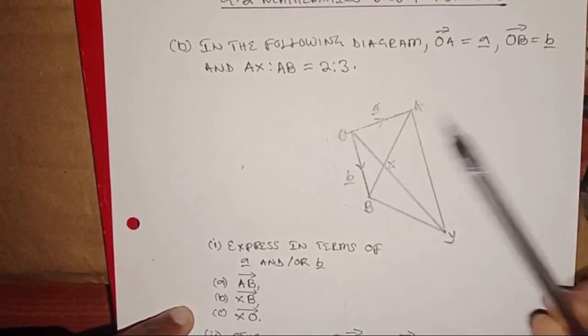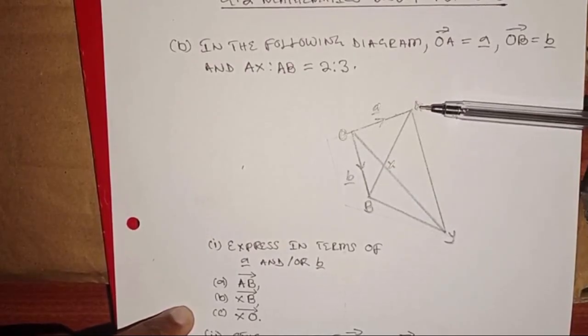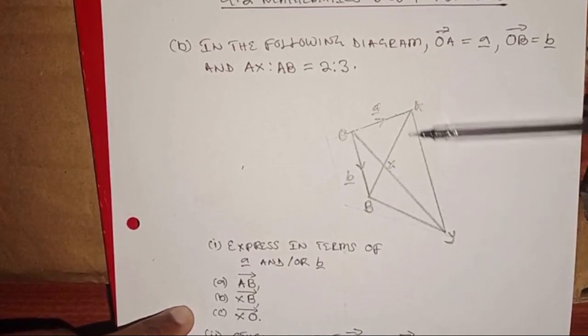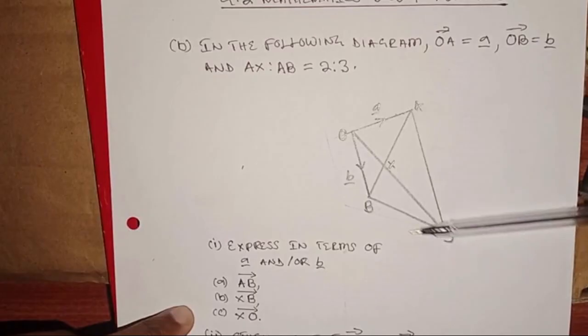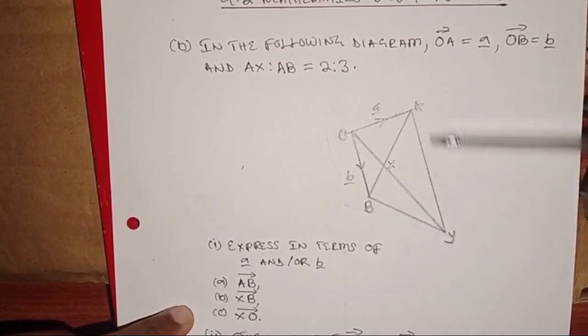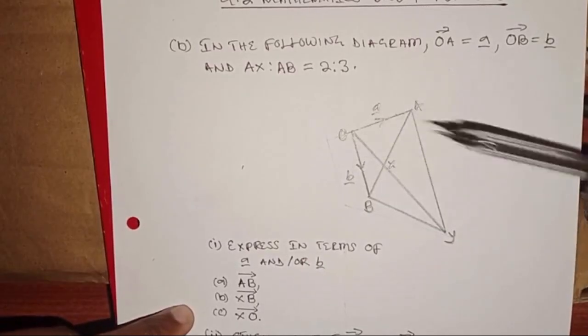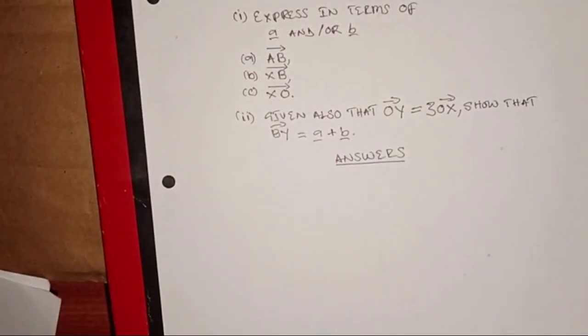We are using this direction, because if we used the other direction, AB as in AY plus YB, we do not have the magnitude or the length for this part, and for this part we don't even have the direction. So it's better for us to use these sides where we have already been given the units. That's what we are going to use.